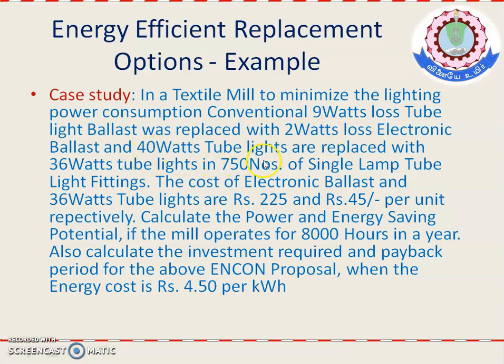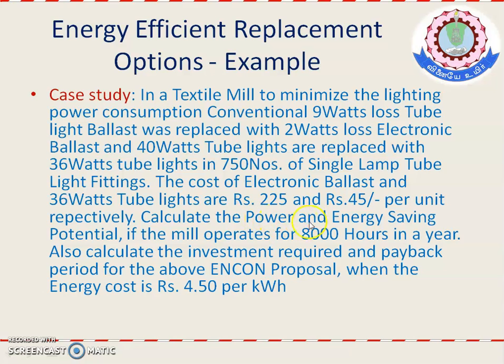And 40 watt tube lights are replaced with 36 watt tube lights, in a quantity of 750, each a single lamp tube light fitting. The cost of the electronic ballast and the 36 watt tube light are rupees 225 and rupees 45 per unit respectively.